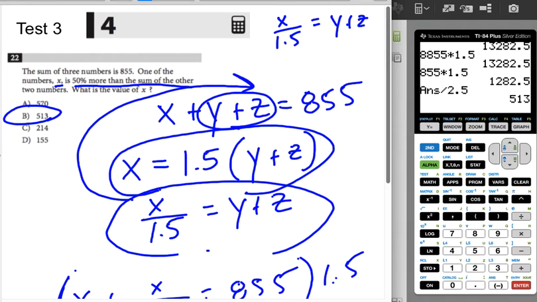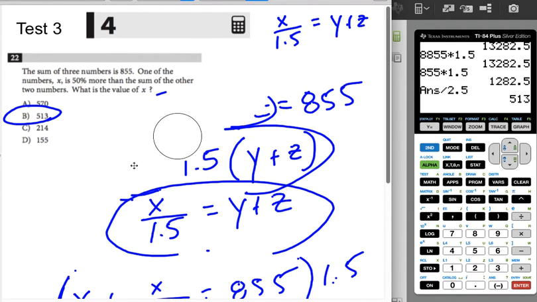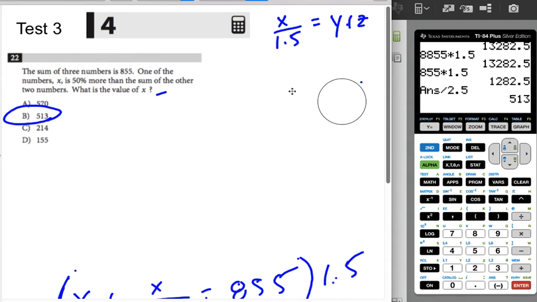So the other way to do this problem, if you're not loving the option I picked, is to say, hey, let me just check. So it is answer B, but let's just walk through this. You could do each one of these numbers. You could do x divided by 1.5, and then you could add them, right? So if this is x, you could add that and see if you get the 855.